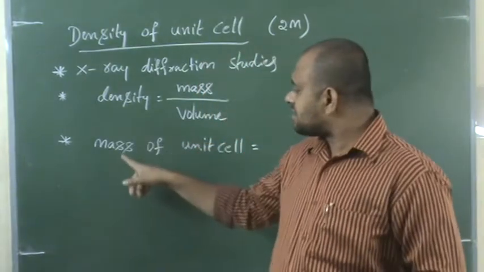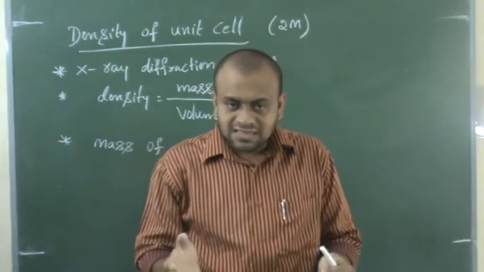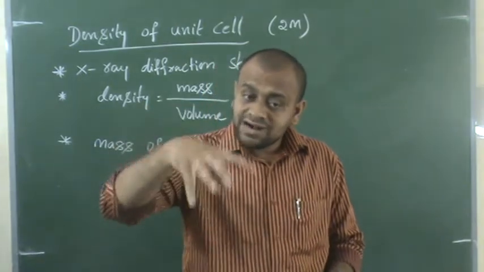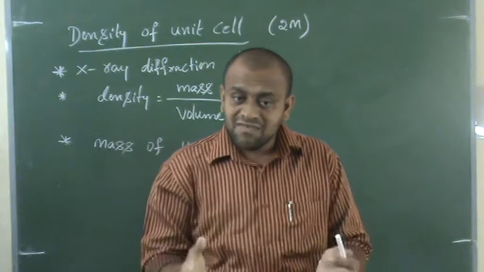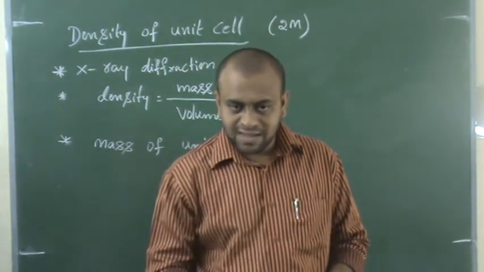So therefore, I can say the mass of a unit cell is nothing but the mass of the number of particles present in it. Okay, are you getting what I am saying?